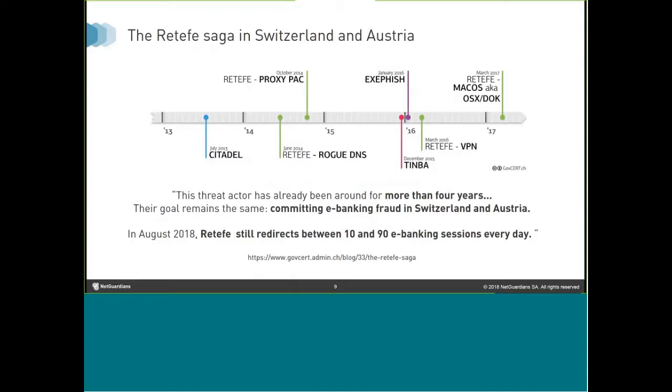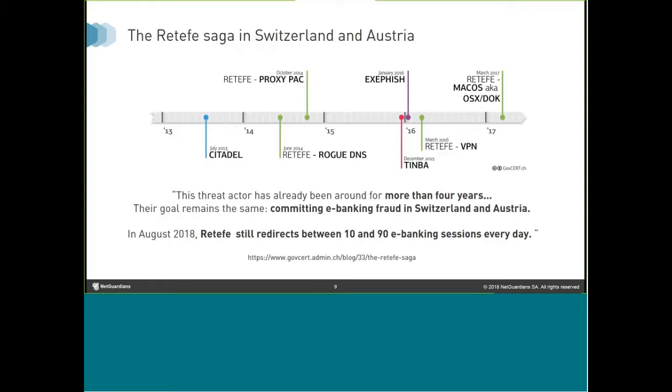But for those geographies, especially in Central Europe, where you have a lot of e-banking sessions, customers like to use e-banking to do transactions. We have Retefe that is redirecting these sessions to a fake website, and they capture your login credentials or your session information, go ahead to hijack the session, and do as many transactions as they can in that short period when the session is still alive.